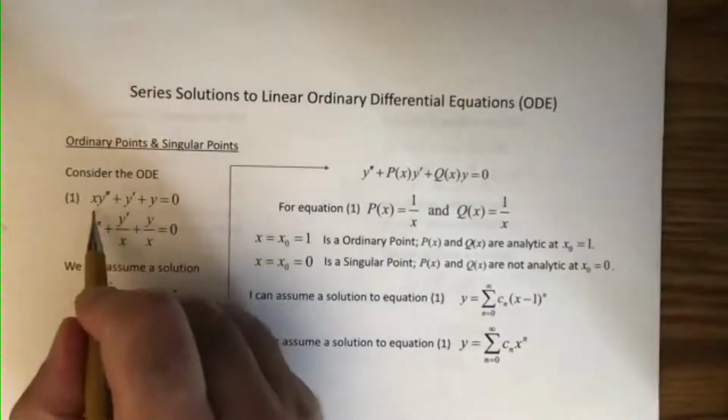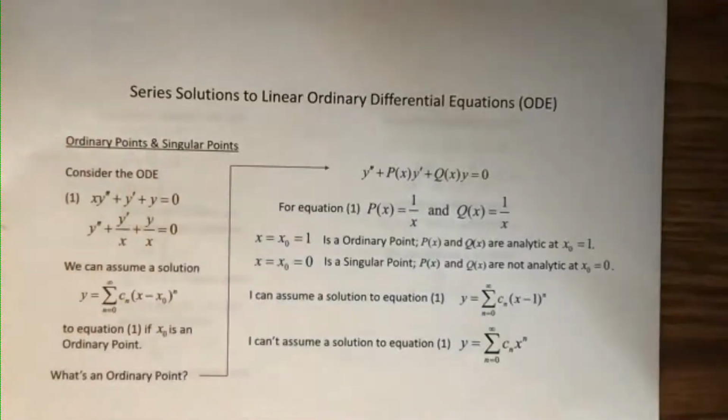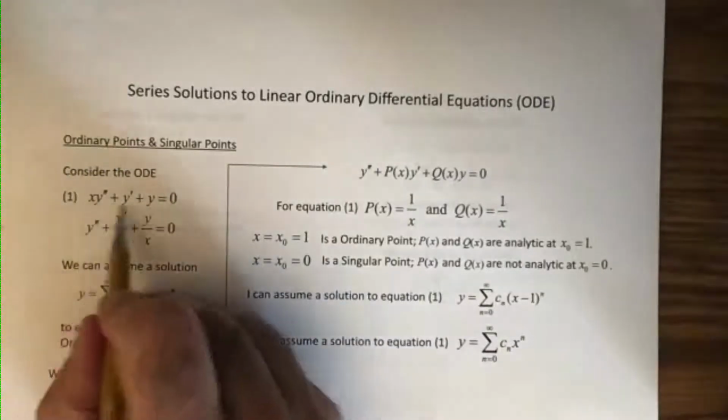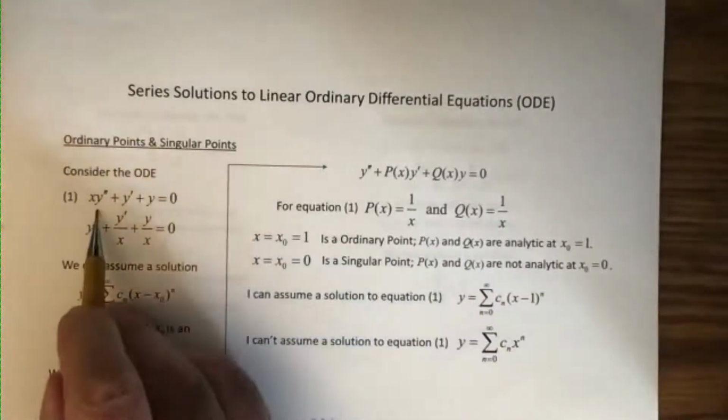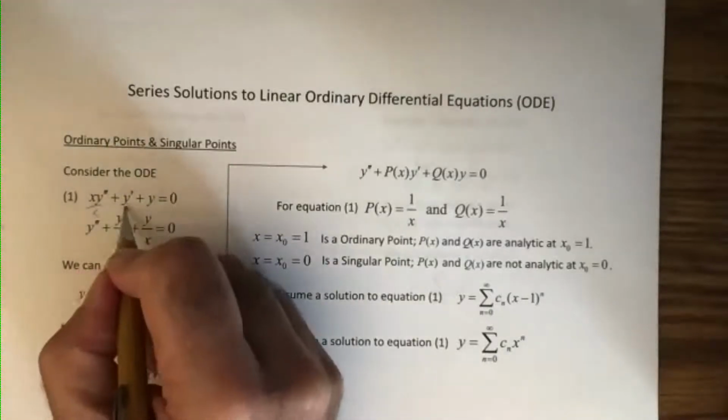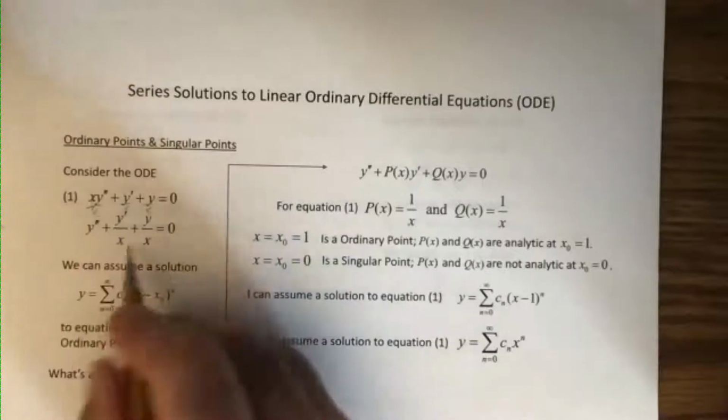If we have a differential equation that looks like this, I take this and divide by x, so the x cancels out and I get this.